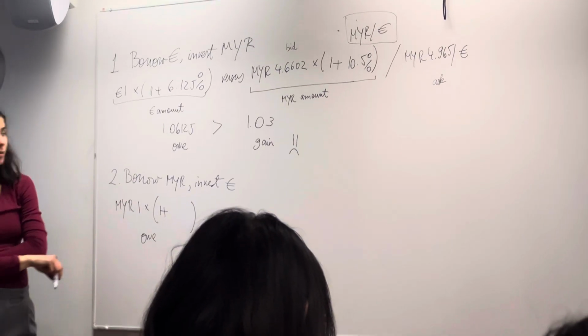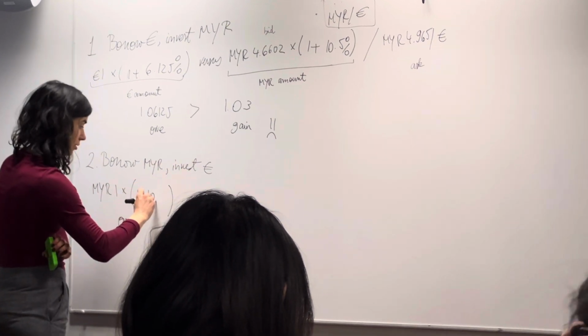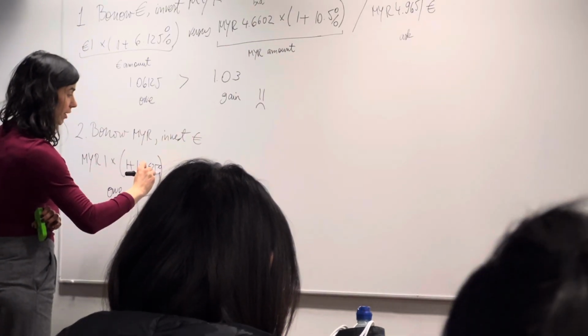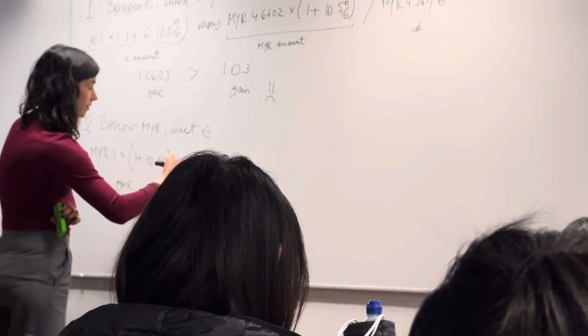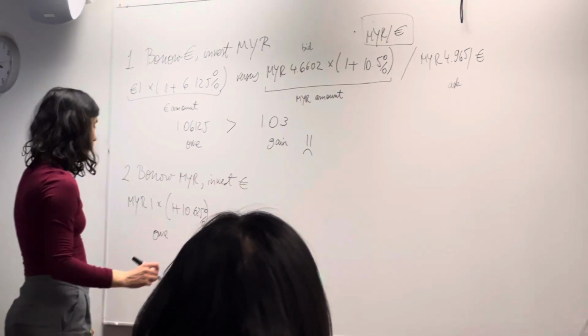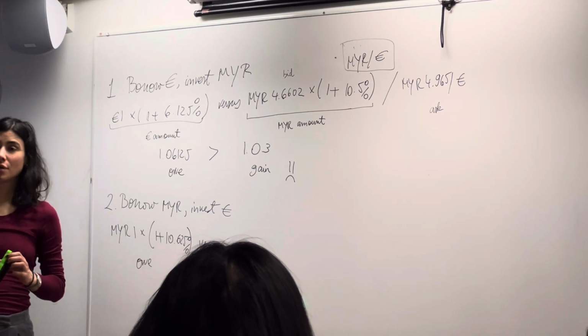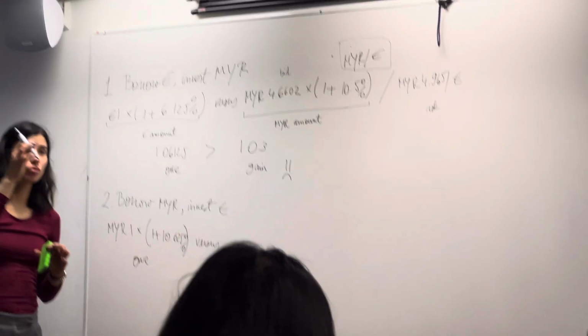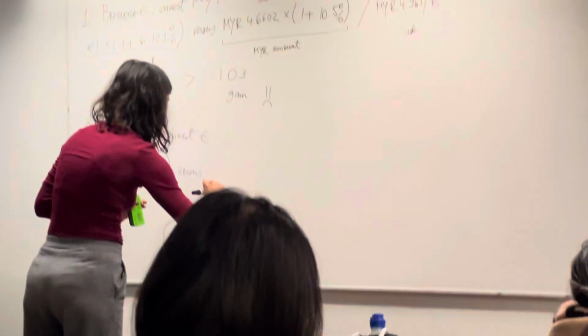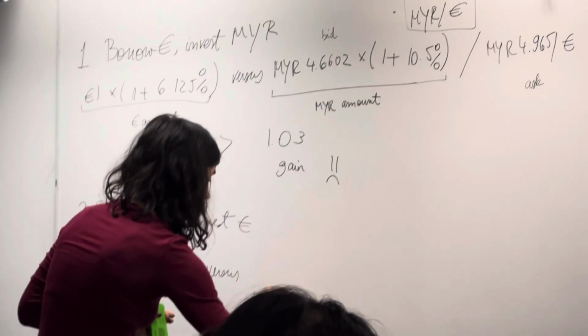10.625, the higher one. This versus, now 1 Malaysian ringgit, we borrowed it, we have it, we convert it to euros. So we sell Malaysian ringgit to buy euros. So now we buy euros.